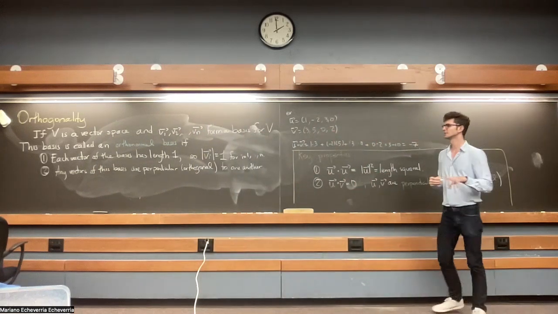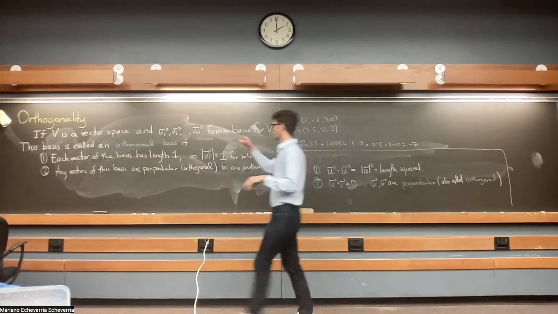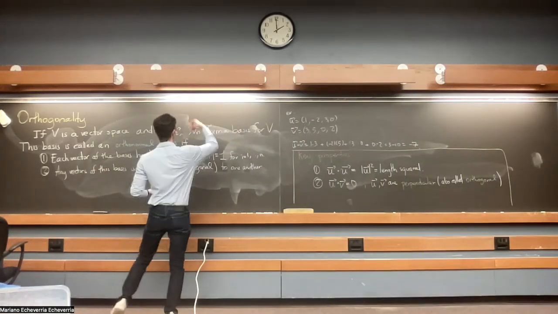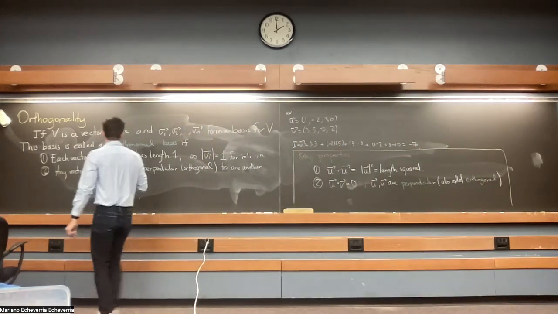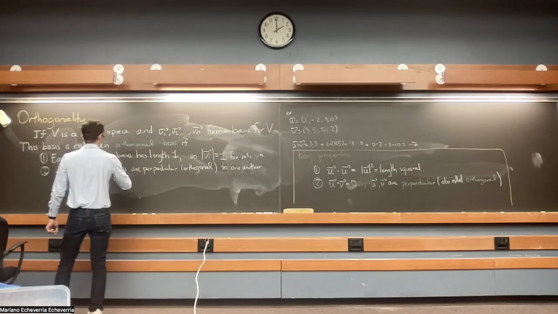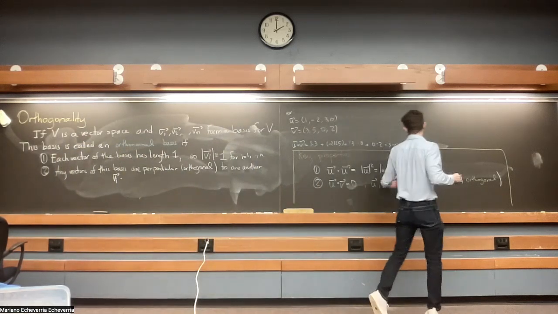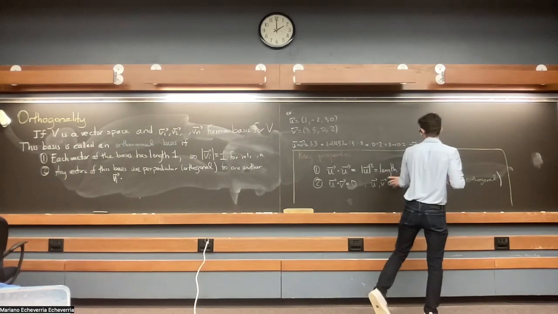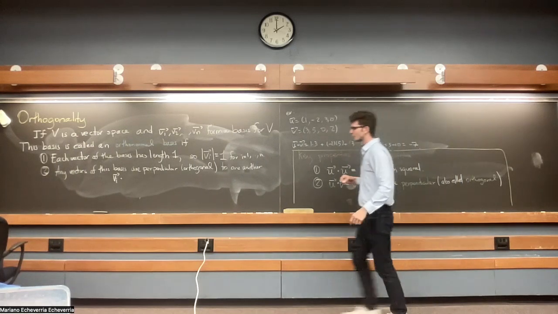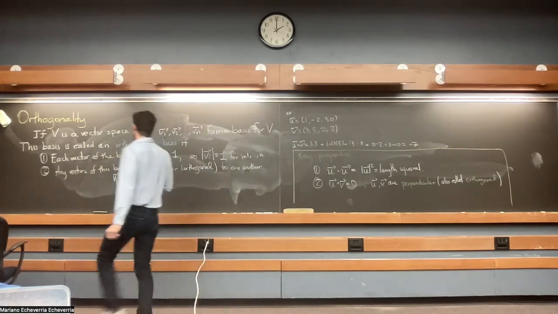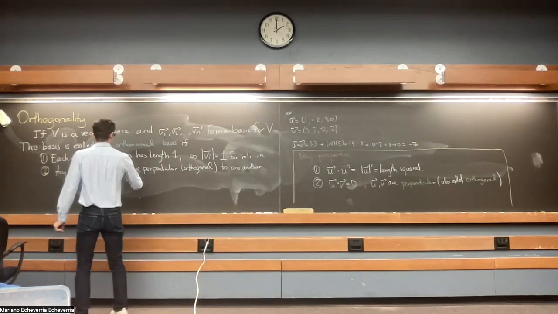What I'm trying to say is that if you choose one vector from this collection, and another vector from this collection, and you find their angle, it will be 90 degrees. The way to detect that the angle between two vectors is 90 is by taking their dot product. So if you take the dot product between two different vectors of the basis, you get 0.